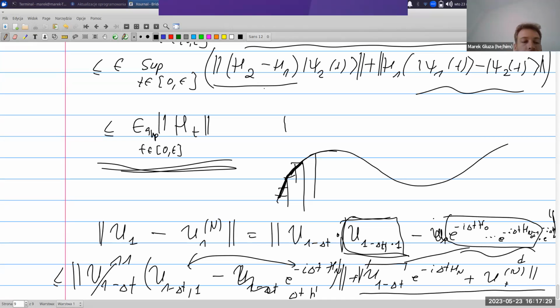So basically at the end, using this thing here, we will get something like n times, there should be some epsilon squared. So maybe n times delta t h prime. And if we do it correctly, I should get delta t squared. So that's something that I'm trying to find.